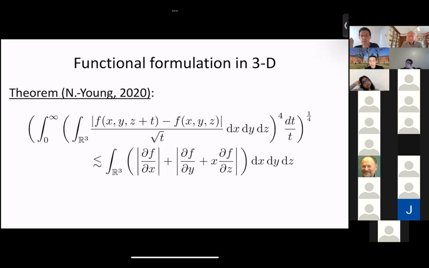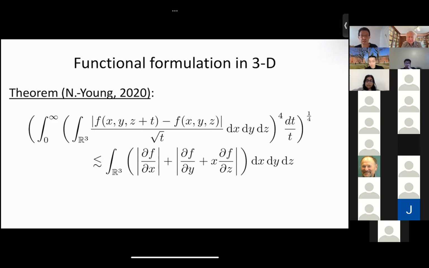And that's bounded by this Sobolev norm, which is the derivative of f in the x direction. That corresponds to the plus or minus 1s in the x coordinate. But the infinitesimal version of these blue diagonal edges is the derivative of f in y plus x times the derivative in z. So this theorem I wrote here, the Sobolev inequality, is equivalent to the initial inequality.